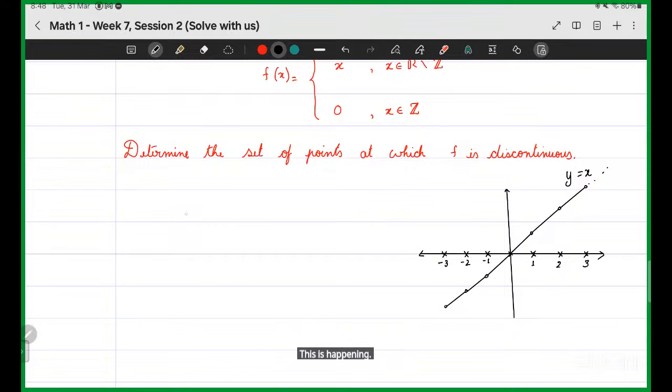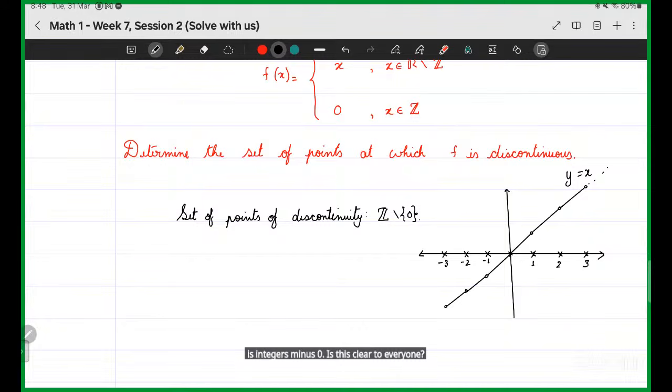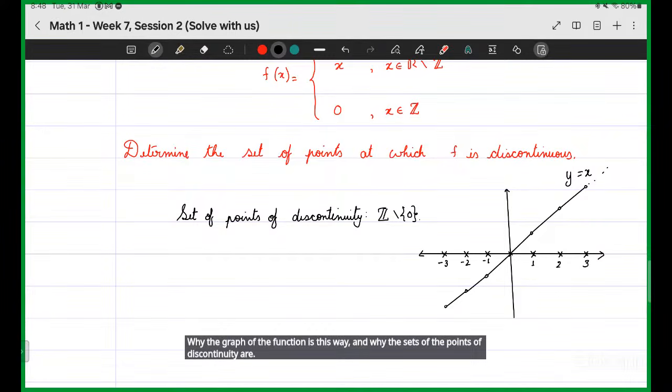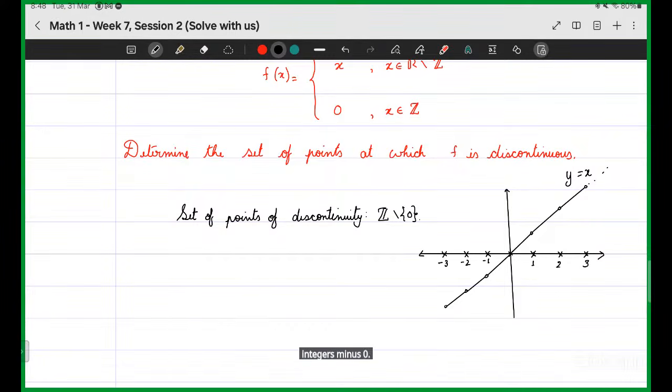The set of points of discontinuity is integers minus 0. Is this clear to everyone? Why the graph of the function is this way and why the set of points of discontinuity is integers minus 0? Yes, sir.